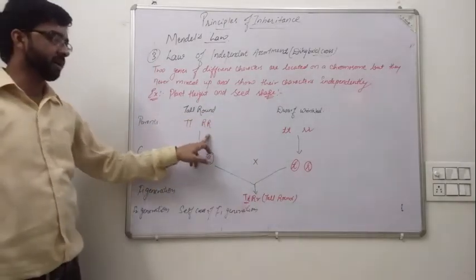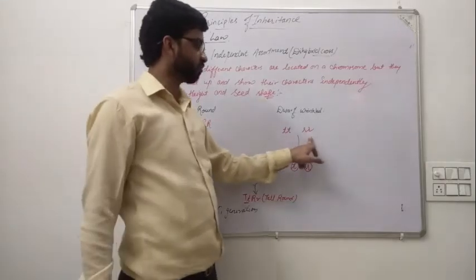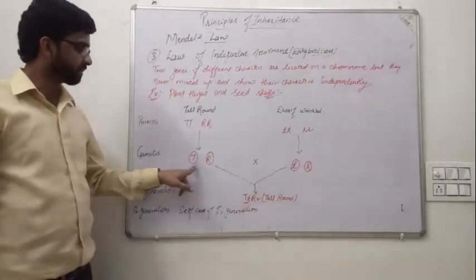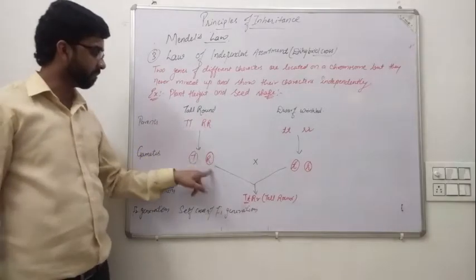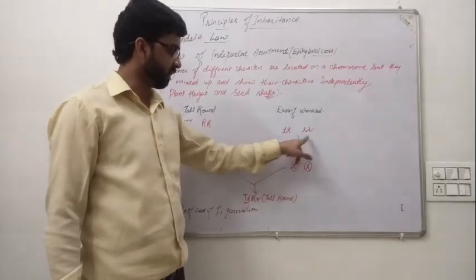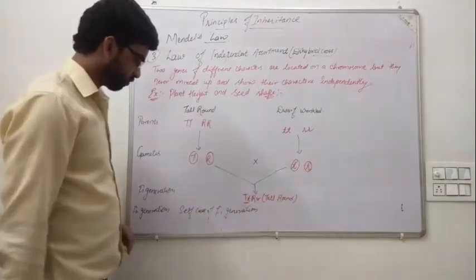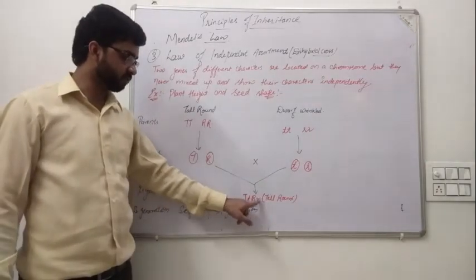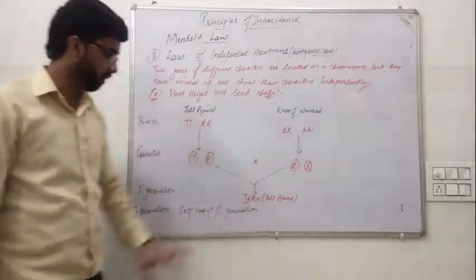Capital T, capital R, small t, small r. These are dominant and these are recessive. Gametes: capital T from capital T and capital R from capital R, small t and small r from small r. F1 generation, capital T small t, capital R small r, all are tall and round here.